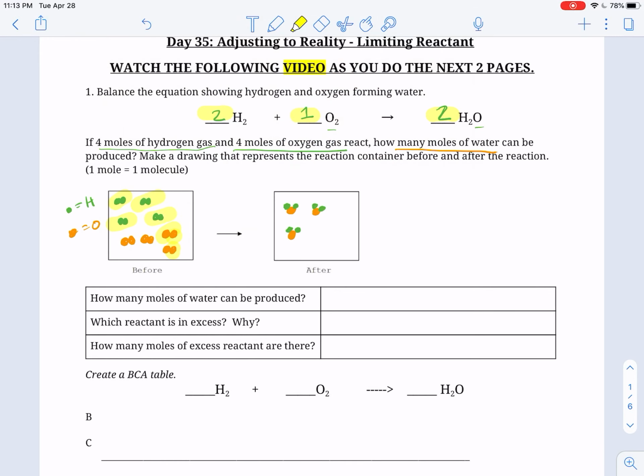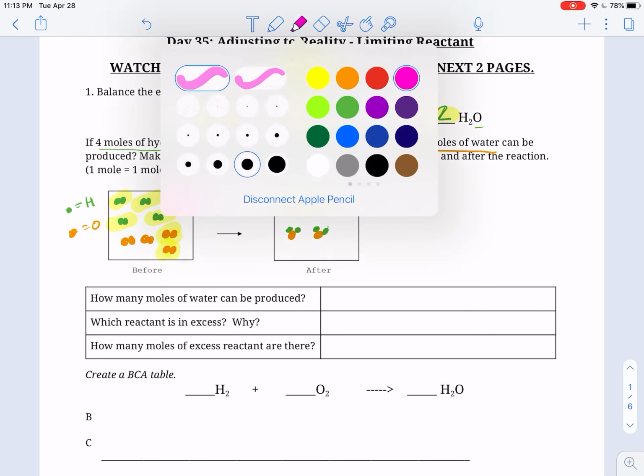All right, but I can't make any more because if you look over here, I'm all out of hydrogens, okay? I've already used all my hydrogen, and then I used 2 of the oxygen, but you can see, I need a lighter color here.